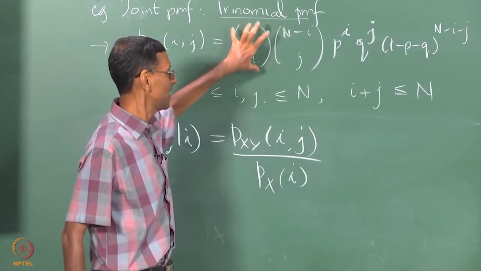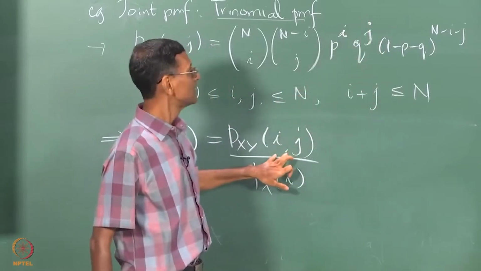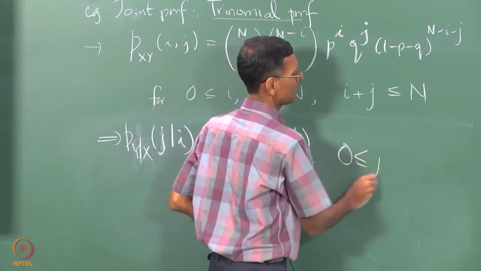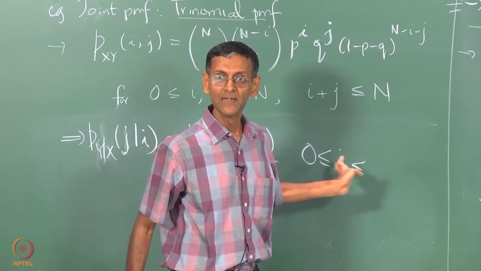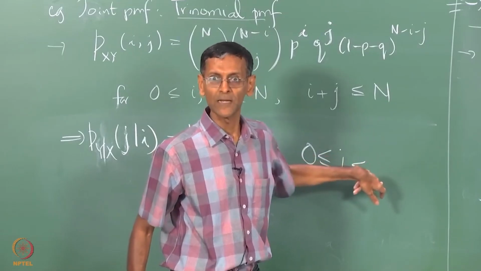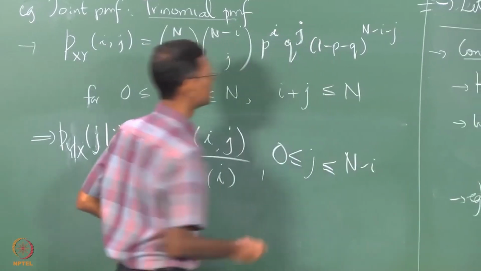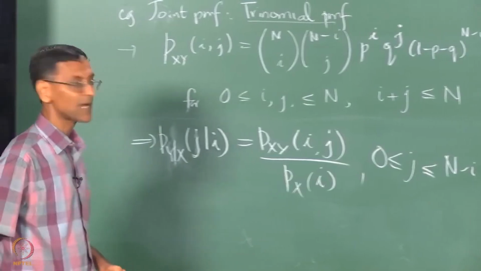You are taking a trinomial expression with the same ij and dividing by the binomial. The understanding is j varies from 0 to, this is the new omega y now, n minus i. So you vary j from 0 to n minus i.